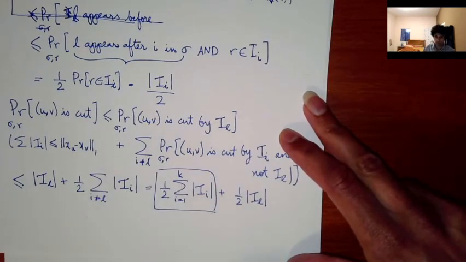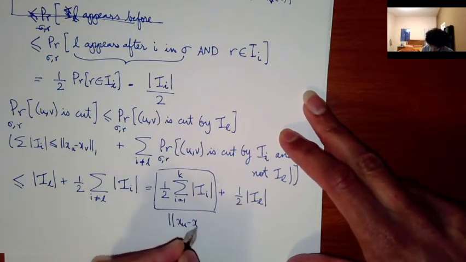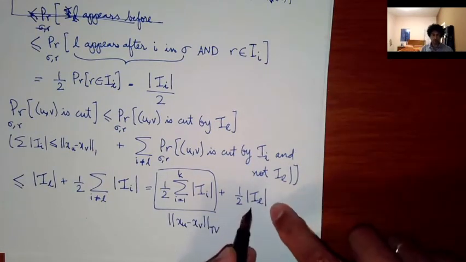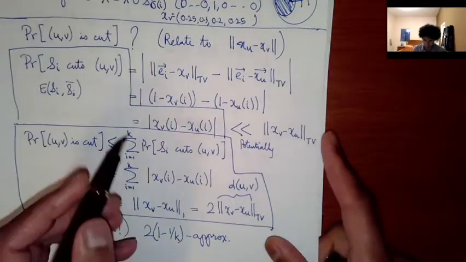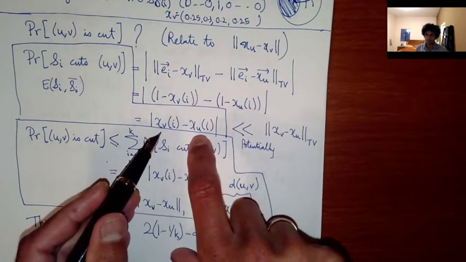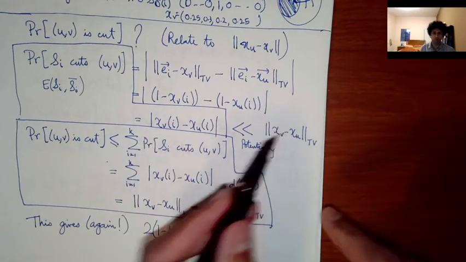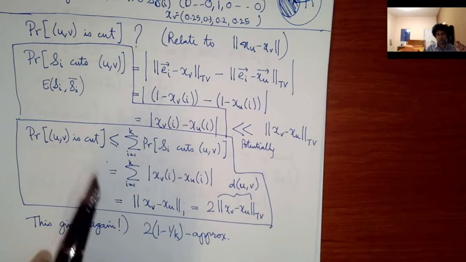What is this quantity? This is exactly half of the one norm, which is the total variation distance. What about this? I can bound any one of them by the total variation distance. Remember what I said over here: if I look at any one coordinate, x_u,i minus x_v,i, that is at most the total variation distance, because I can look at any one coordinate and take the difference.